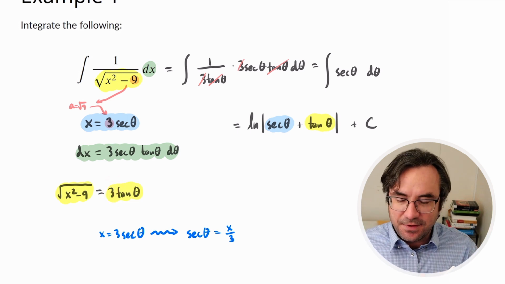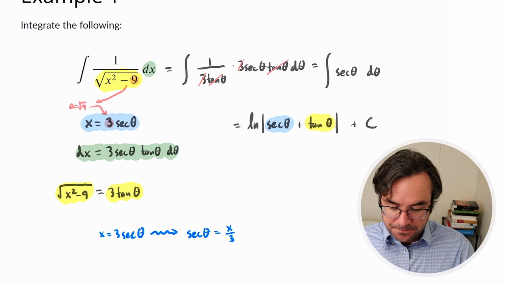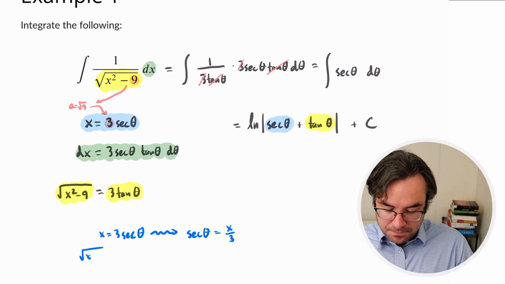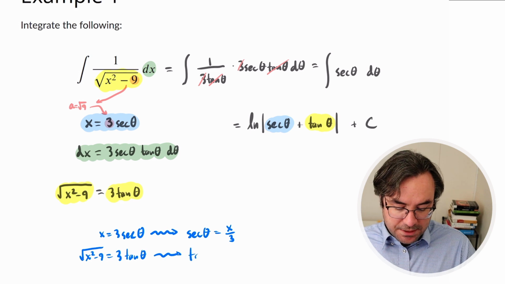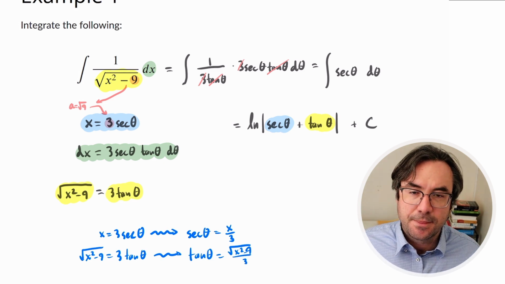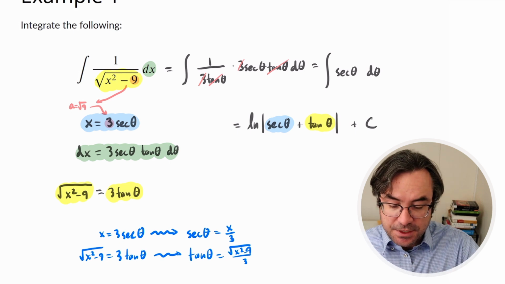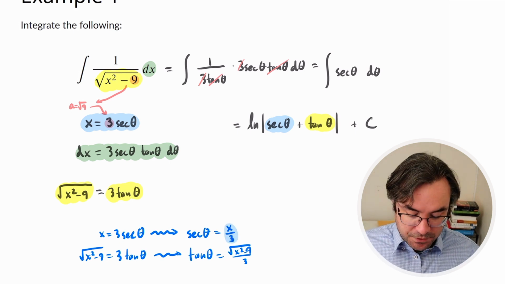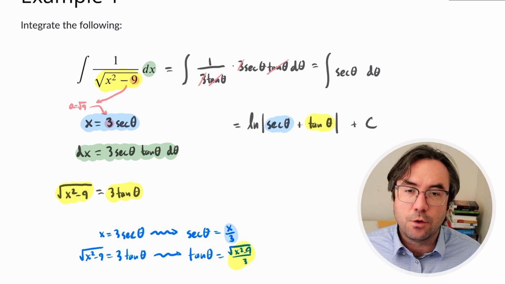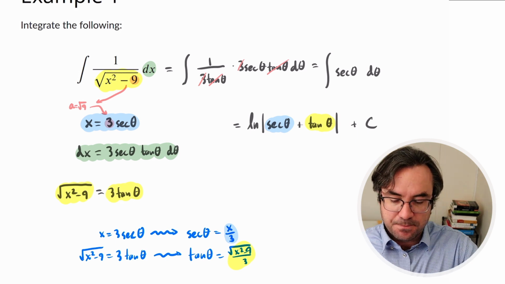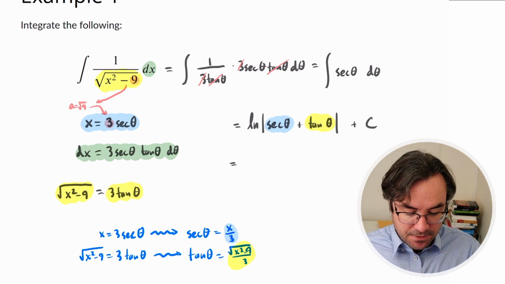So again, just divide it. Get it over to the other side. And when we do that, we get tangent theta is the square root term, square root of x squared minus 9, over 3. So then we just fill these values in. We'll put the x over 3 in for secant, and then we'll put the square root over 3 for our tangent. And that'll do it.